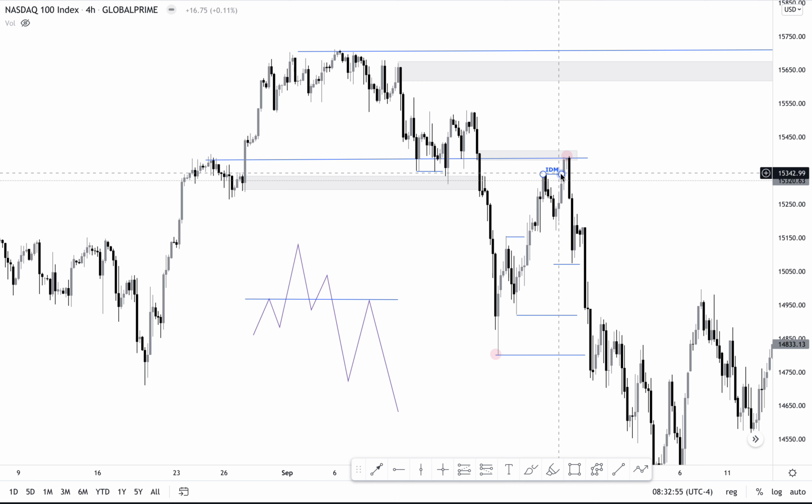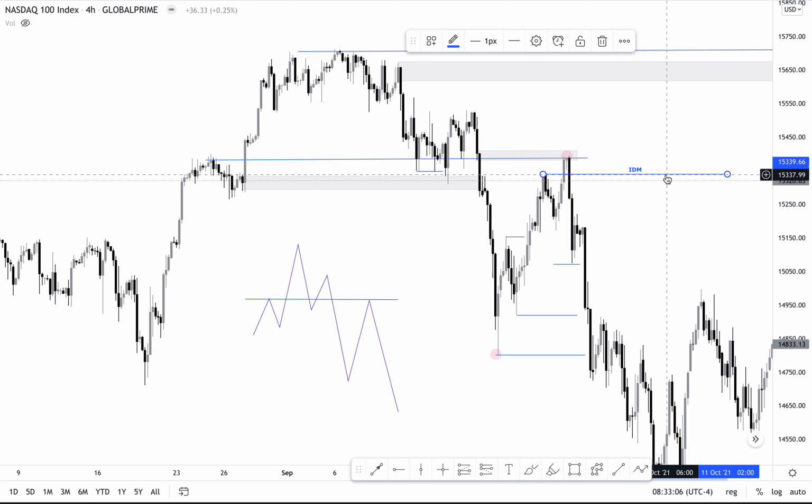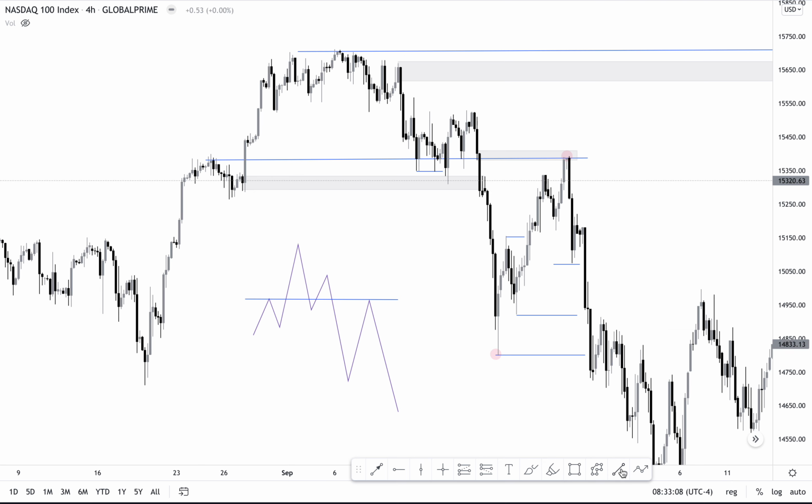So if we remove these things of saying, okay, market is already create a liquidity, these things become our QML. If we can check here, let me just delete this and change it. This one become our QML level. This is how most of the people that are trading supply and demand level without understanding liquidity, they'll say this is our QML.